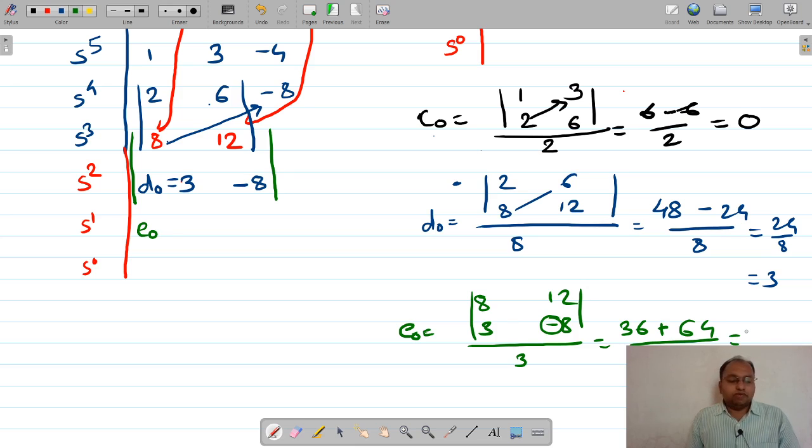So let us check out the value. 36 plus 64, 100 divided by 3. It is coming as 33.33.